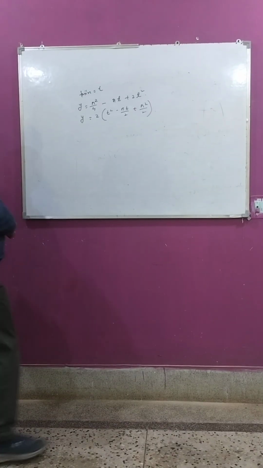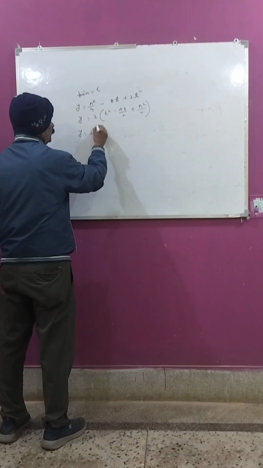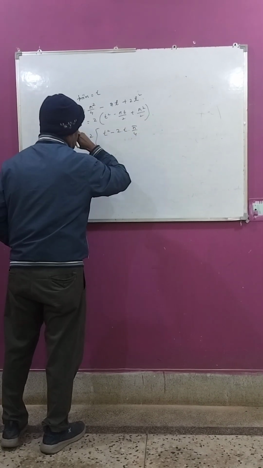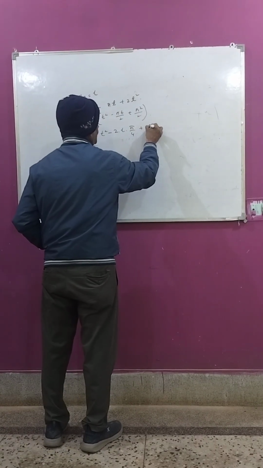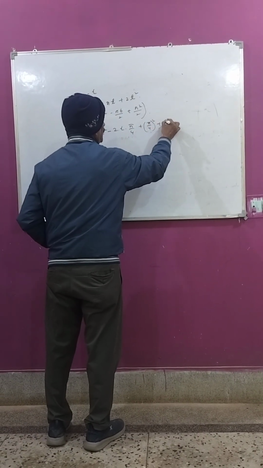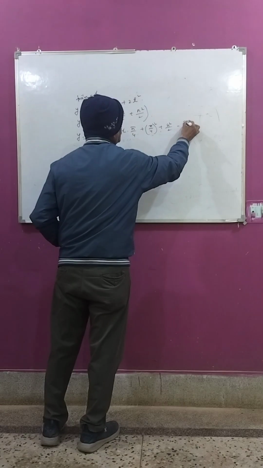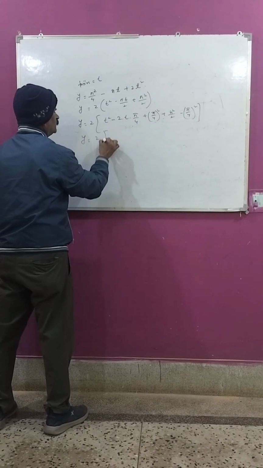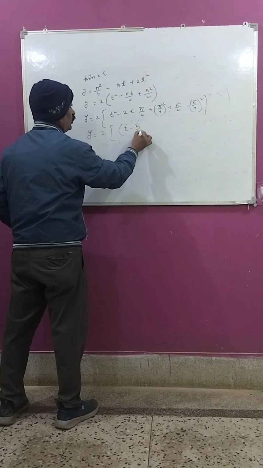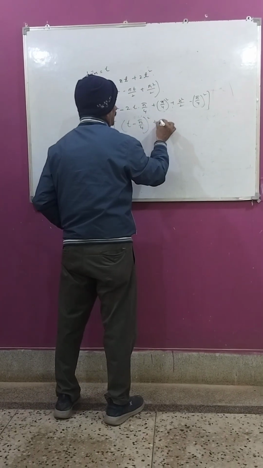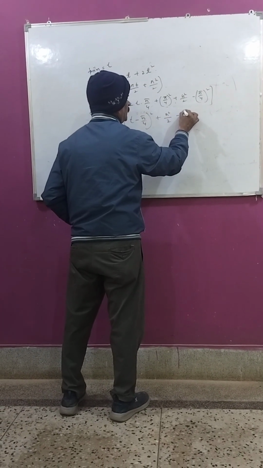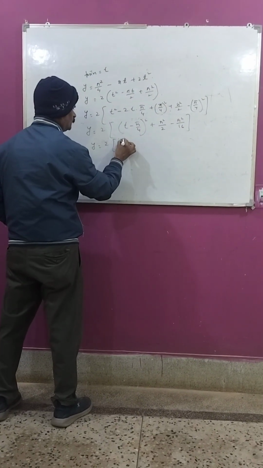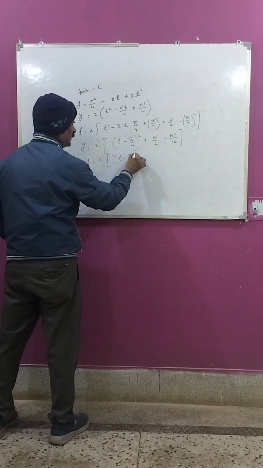Now see here, y equals to 2 times t squared minus 2 into pi by 4, so it gives you pi by 2 plus (pi by 4) squared plus pi squared by 2 minus (pi by 4) squared. So y equals to 2 (t minus pi by 4) squared plus pi squared by 2 minus pi squared by 16.